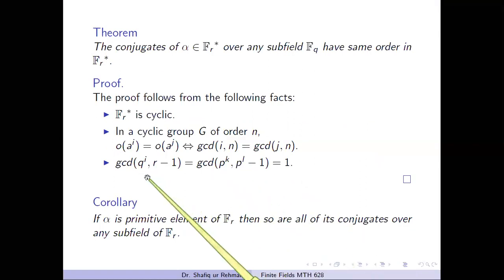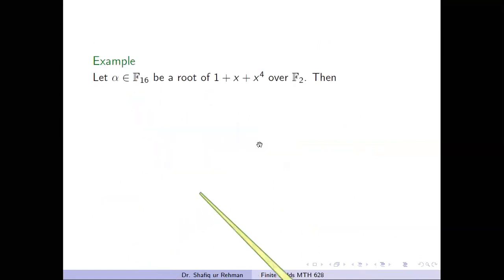So all the powers have GCD 1 with the order of the cyclic group. Hence, using this fact, we conclude that all the elements have the same order. And an immediate corollary is that if alpha is a primitive element, then all the elements conjugate to alpha will also be primitive because they have the same order.